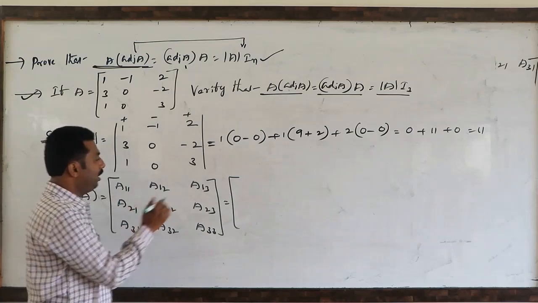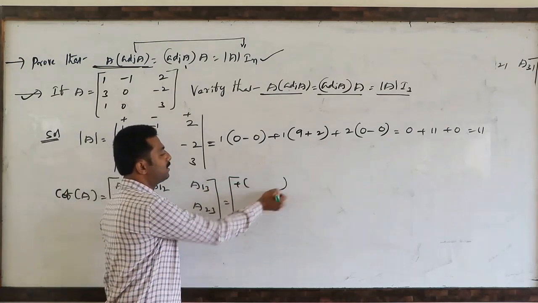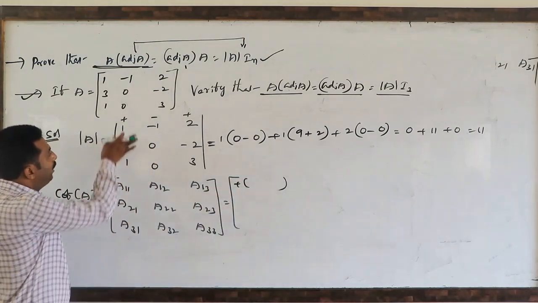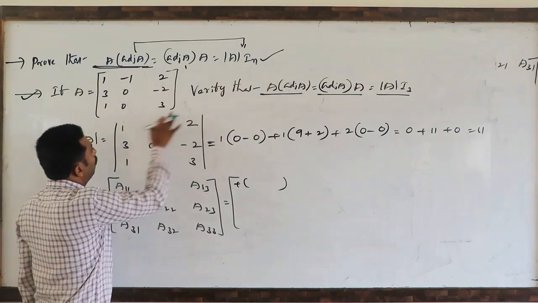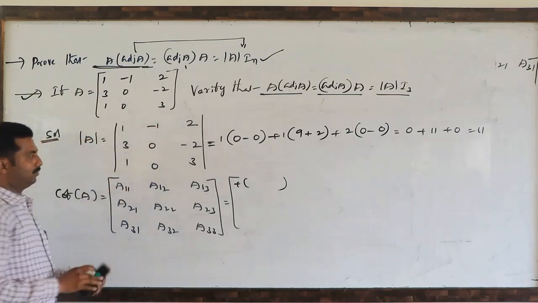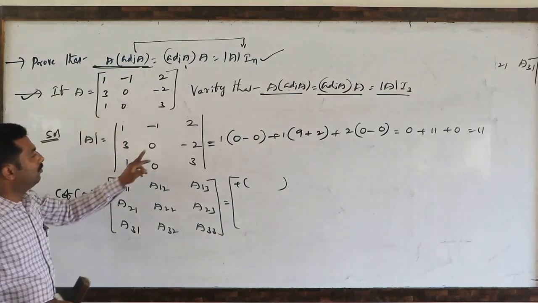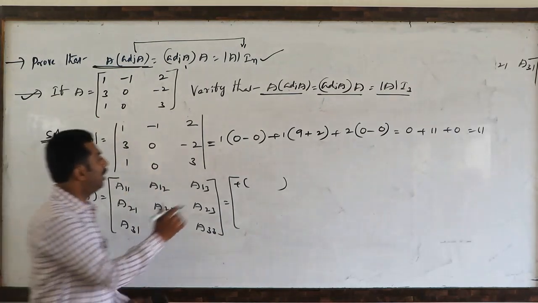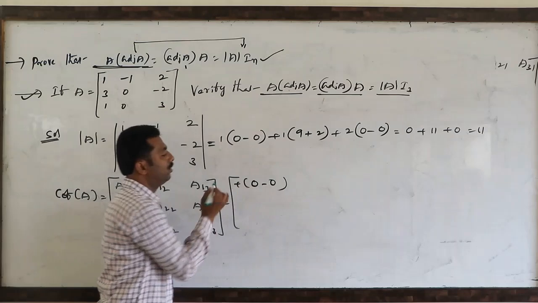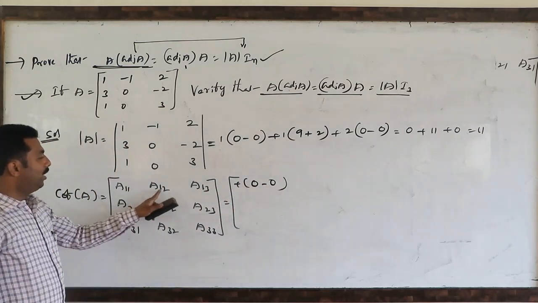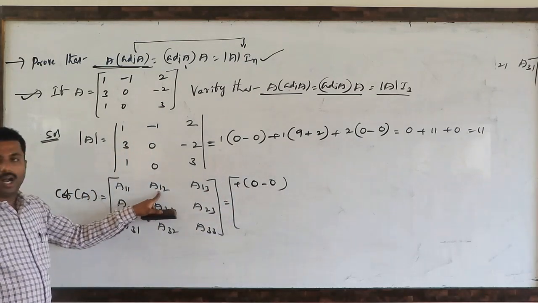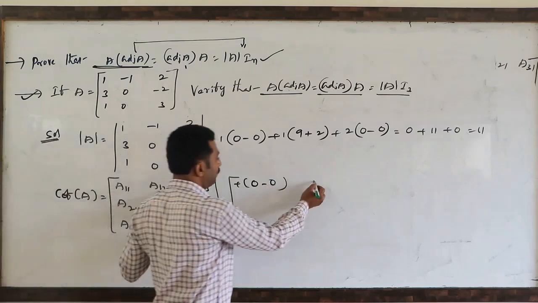Now, how to write these values? A11: 1 plus 1, even number, means plus sign. Now you delete first row, first column. First row, first column if I delete, means 0, minus 0. Next, A12: 1 plus 2, odd number, means minus.